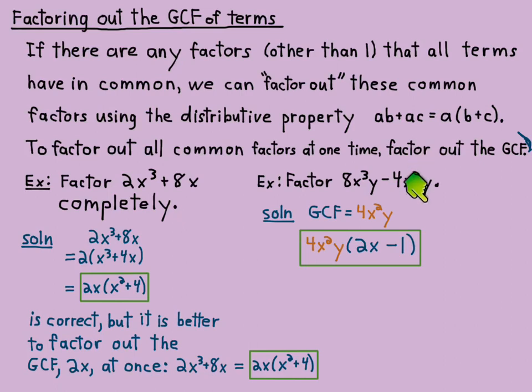So anyway, 4x squared y over 4x squared y, a number divided by itself is 1, right? So you get the minus 1. And that's the answer. When we read this out loud, we usually read it something like 4x squared y times the quantity.